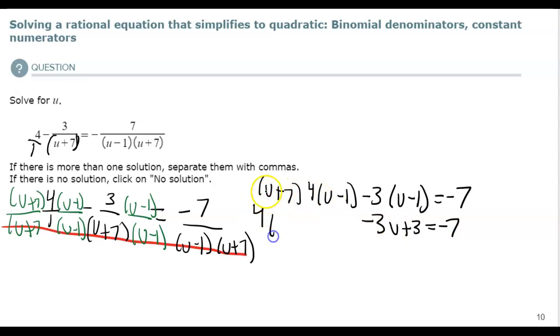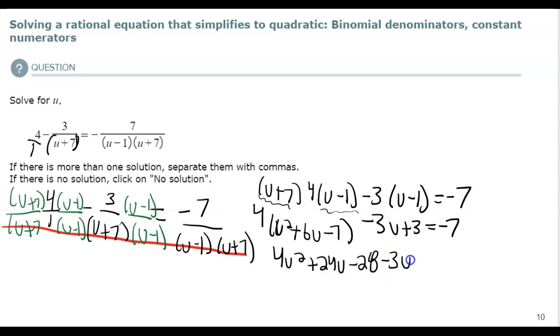I'm going to multiply, or FOIL, these two. That's what you end up with, and I'll distribute the 4, so 4u squared. So this is just tedious at this point. I'm going to combine like terms. Add that 7 to the other side.